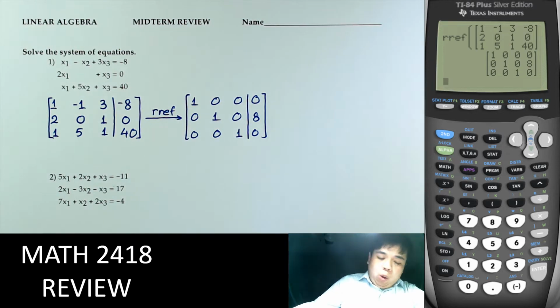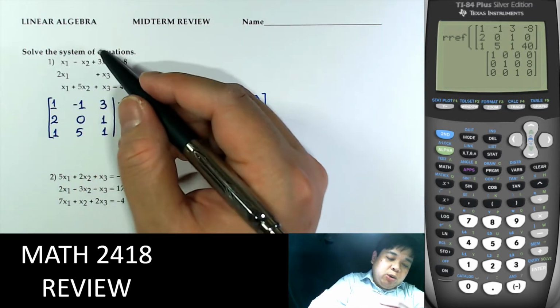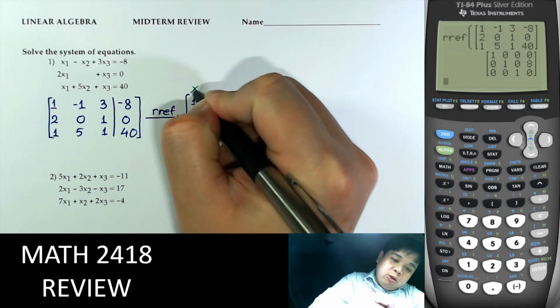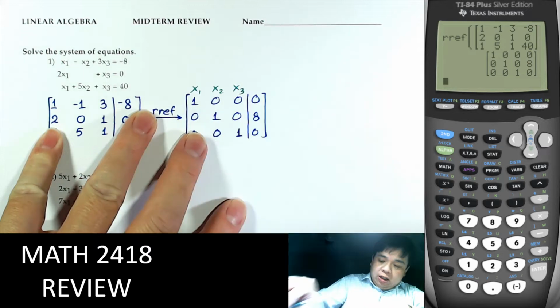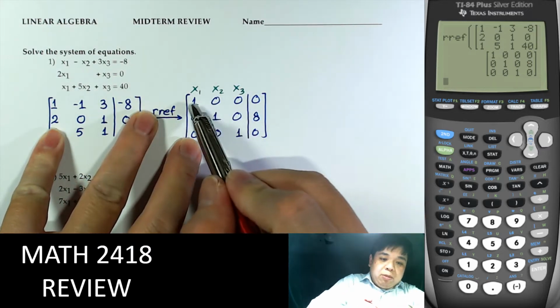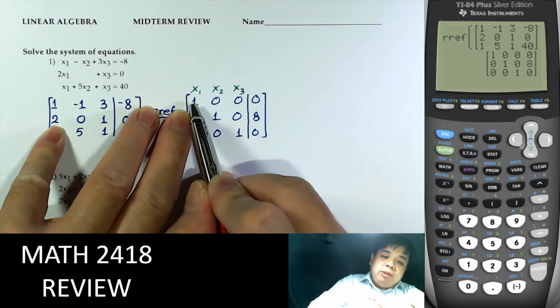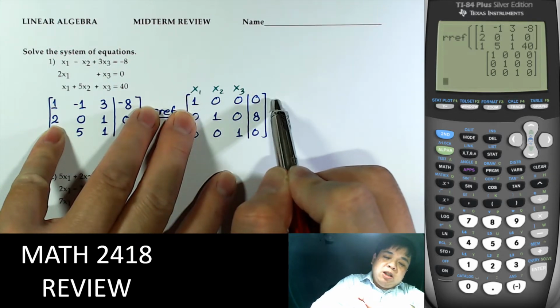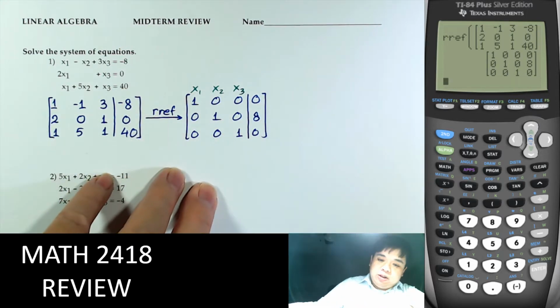Originally we have the coefficients for x1, x2, and x3 in columns. In each column we have a 1 as the pivot, so x1 is 0, x2 is 8, and x3 is 0.